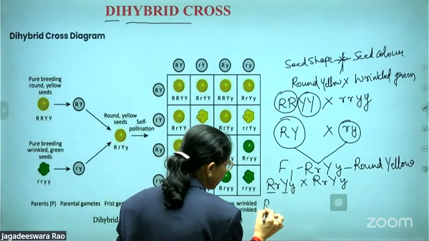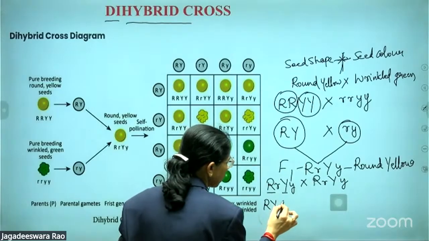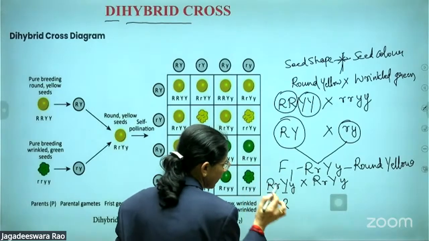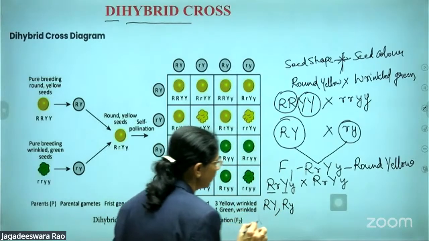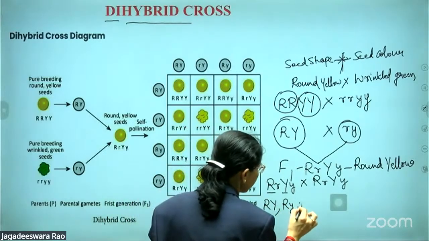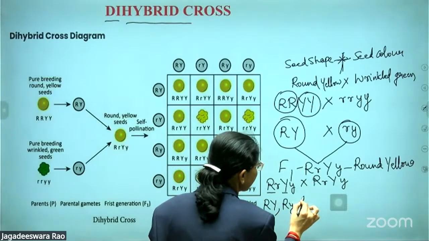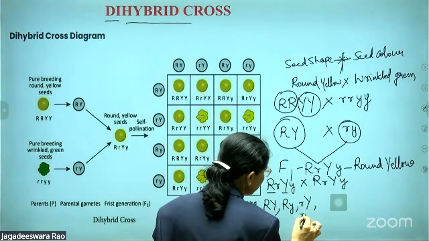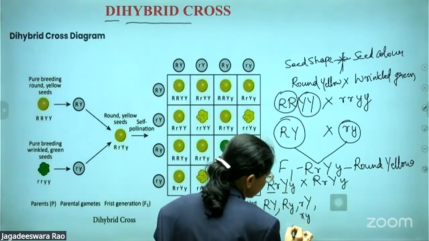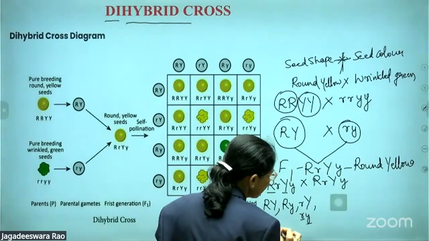So capital R for roundness, capital Y for yellowness; then capital R for roundness, small y for the green color; small r for the wrinkled shape, capital Y for the yellow color; and small r, small y, which is a wrinkled shape and green colored seed.